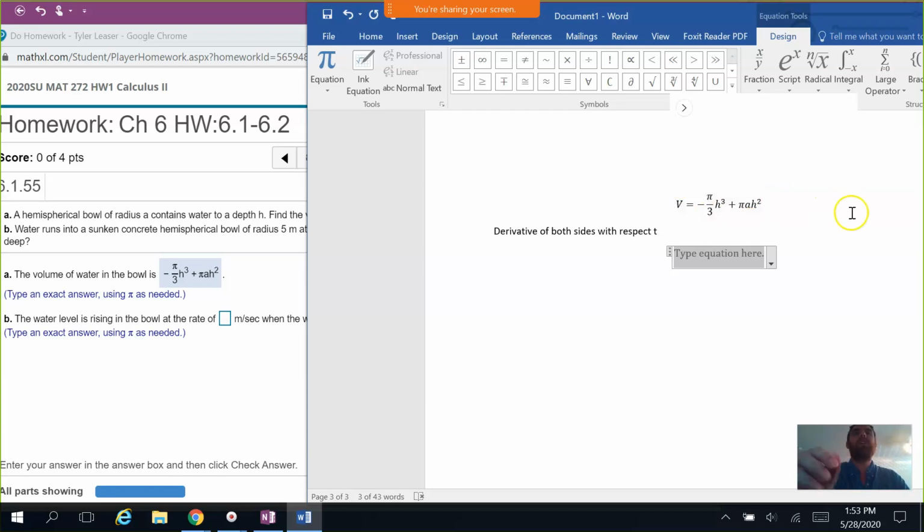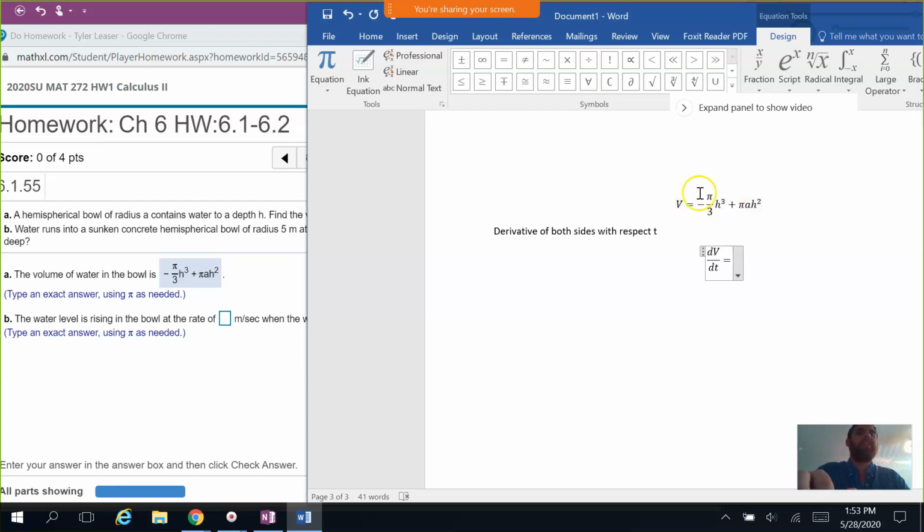The volume of the water is changing with respect to time. So when I take the derivative of the left-hand side, the volume is going to be a derivative with respect to t, so we're just going to leave that as dV/dt for now. On the right-hand side, the h, the height of the water, is also changing with respect to time. So we're going to have to do an implicit differentiation here, which means doing a chain rule.